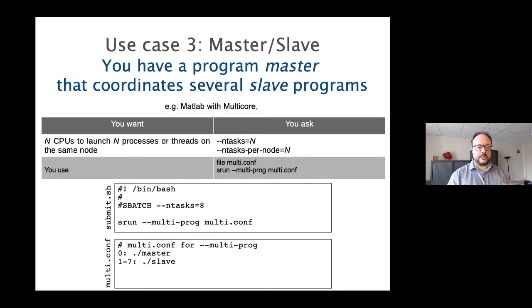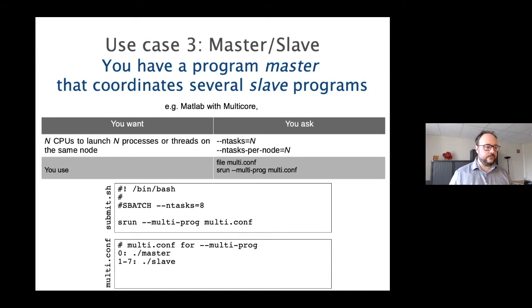The same applies for ntasks and CPUs per task as for OpenMP and MPI. So if your master-slave program is able to run on multiple nodes, then you can use multiple ntasks. Otherwise, you can use only one ntask and multiple CPUs per task.